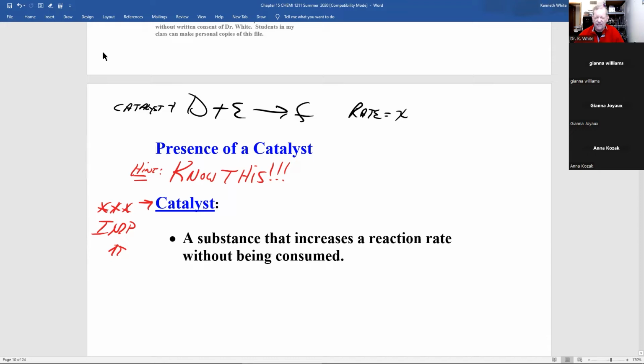And with a catalyst, the new rate is Y. And Y, if you got the right catalyst, and that's important, but we won't go into that in this class, will be much shorter, smaller than X. That makes a reaction go quicker. So if you want a reaction to go quicker, you add a catalyst.